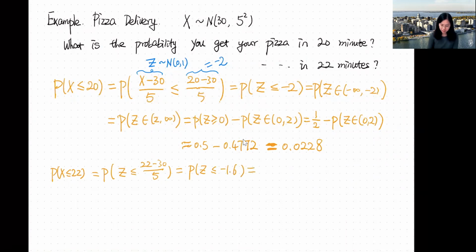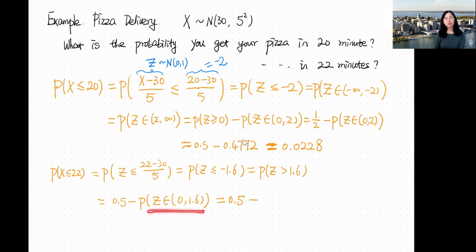And that should equal the probability that Z is greater than 1.6, and that should be 0.5 minus the probability that Z is in the interval 0 to 1.6.